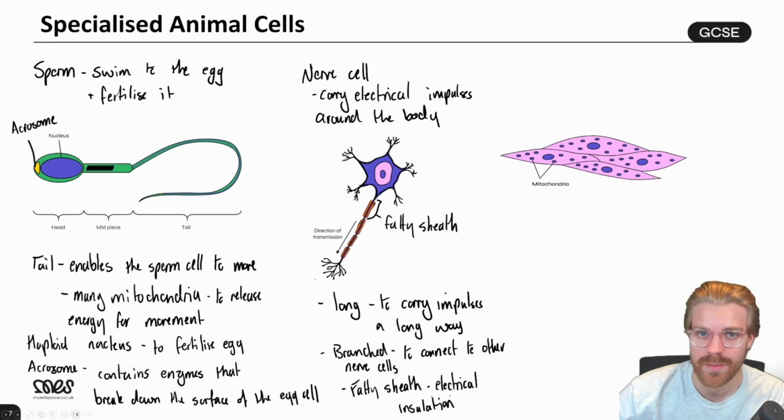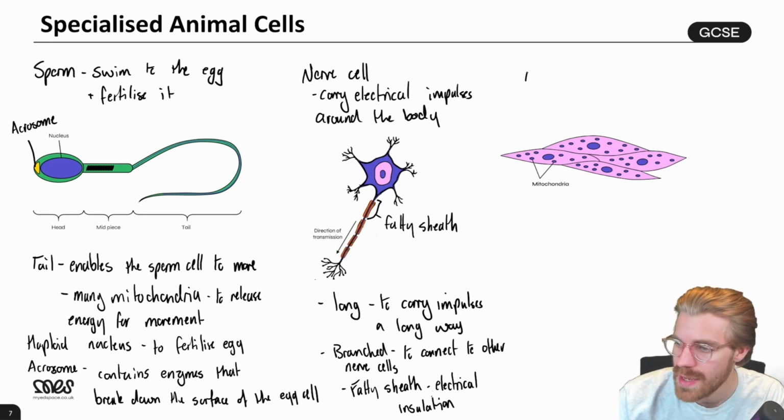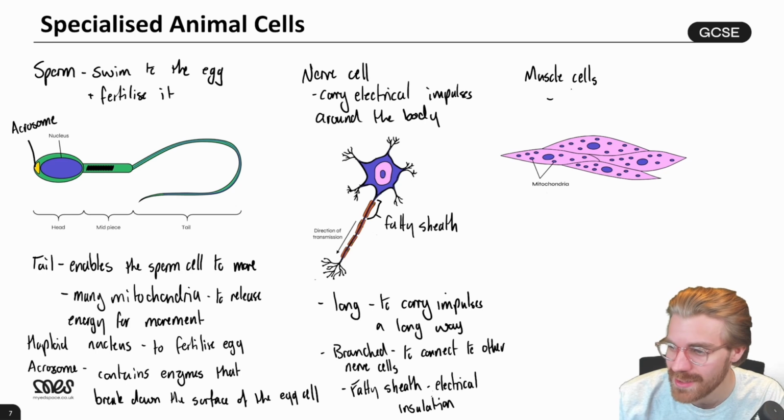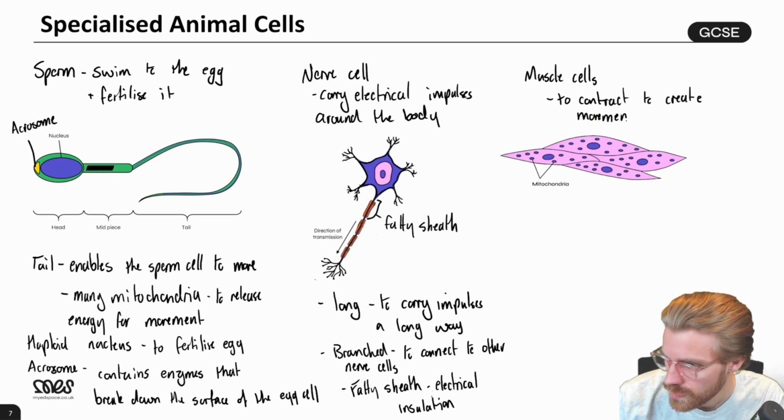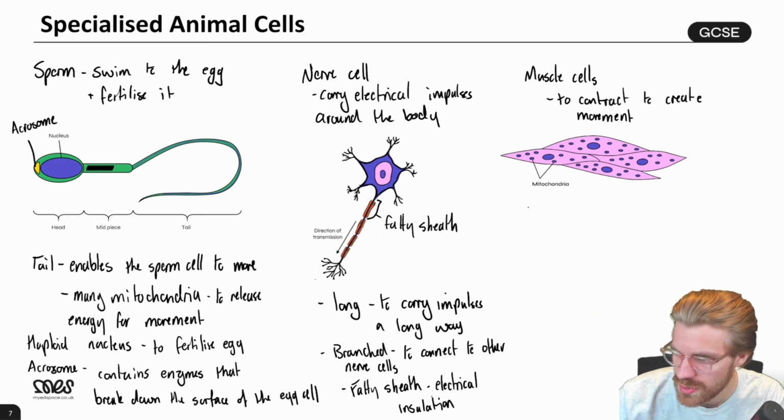Our next type of animal cell is a muscle cell. The function of the muscle cells is to contract to produce movement. So how are those muscle cells adapted?